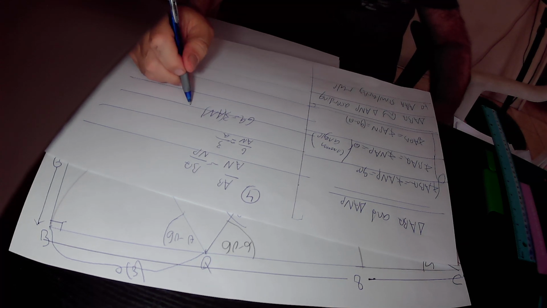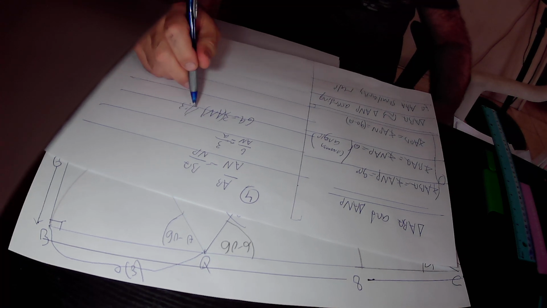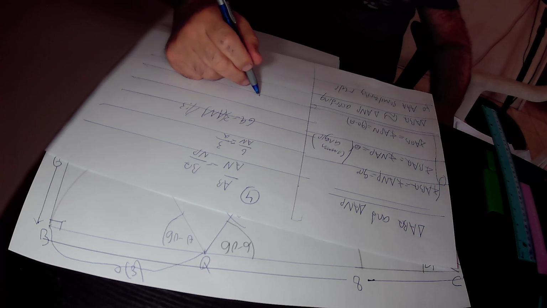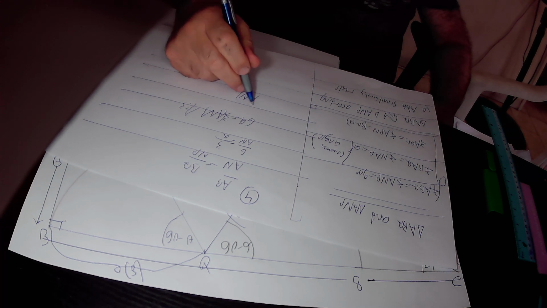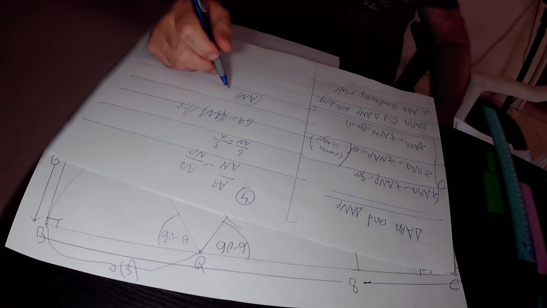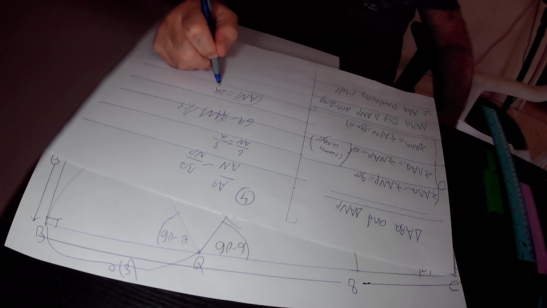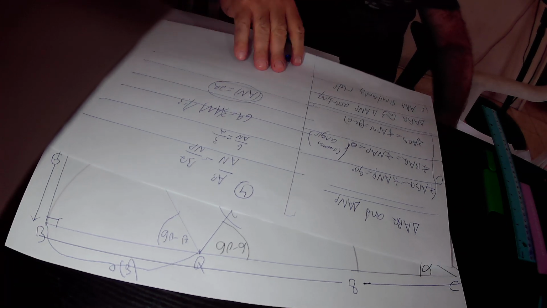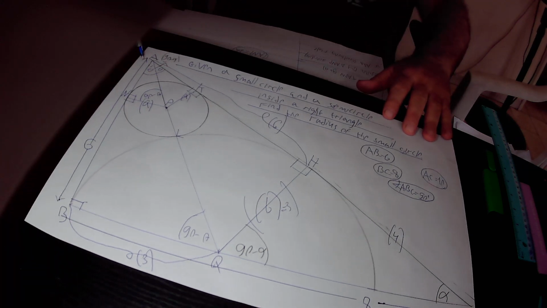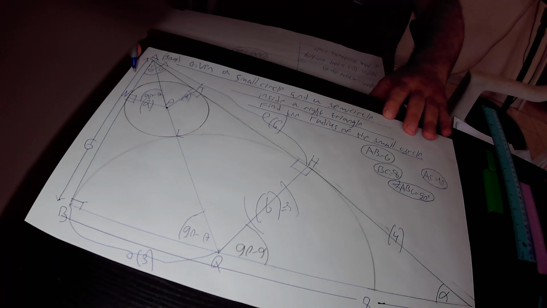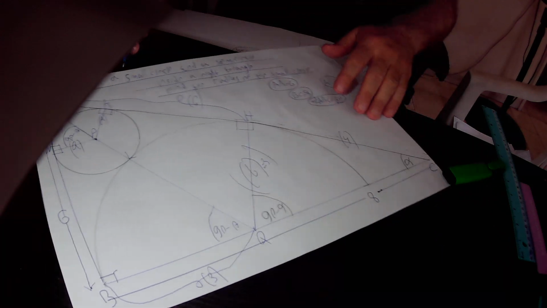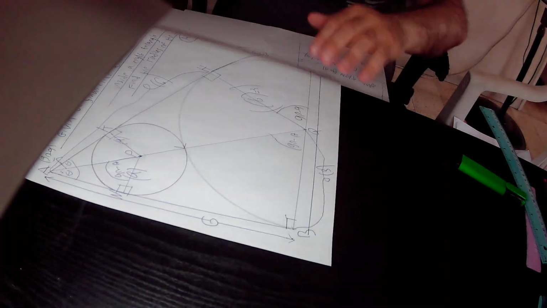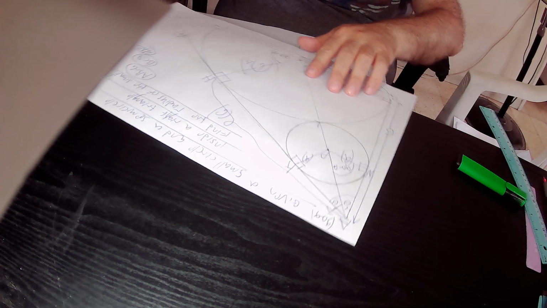Here we divide this equation by 3 and finally we get that the missing side AN equals 6A over 3. 6A over 3 is 2A. So we found out that the missing side AN equals 2A units in length. So I write it down. The missing side AN equals 2A.